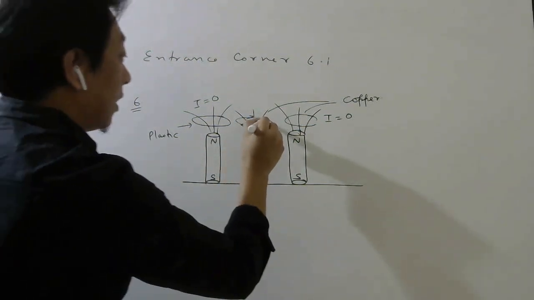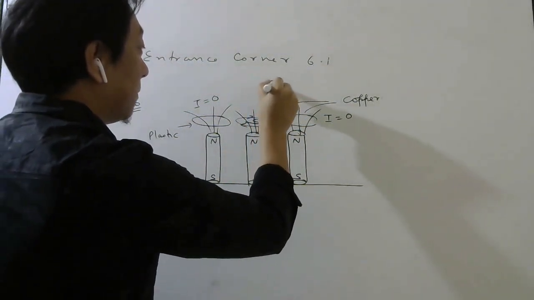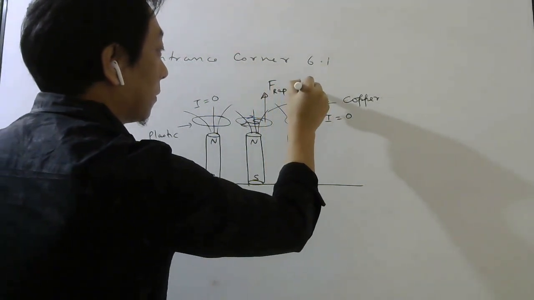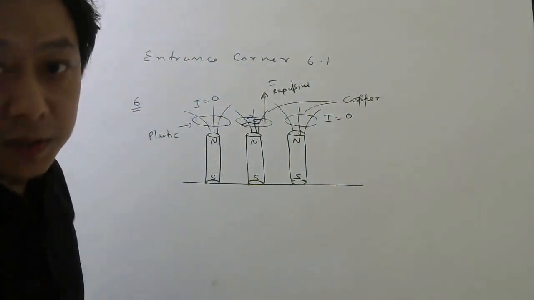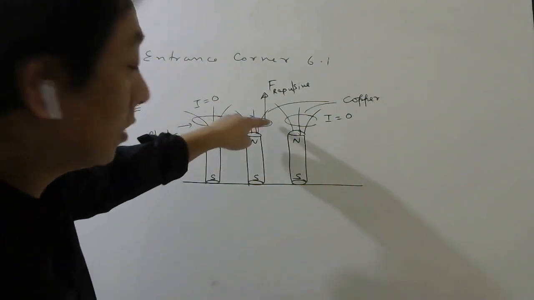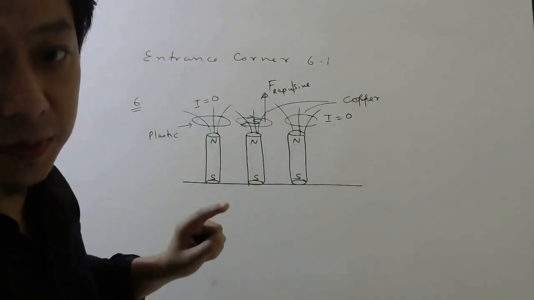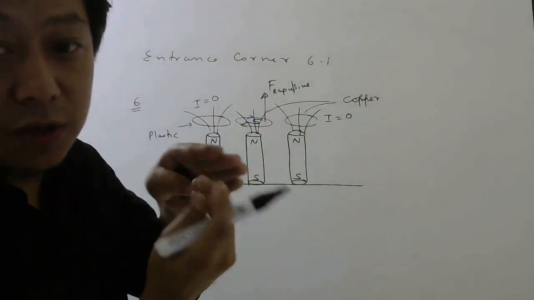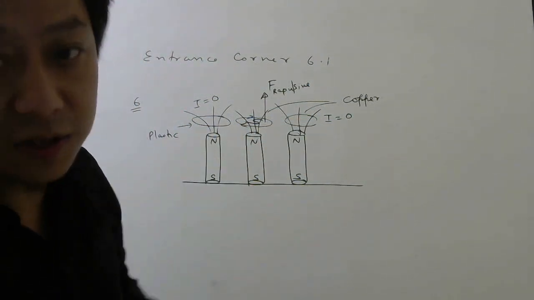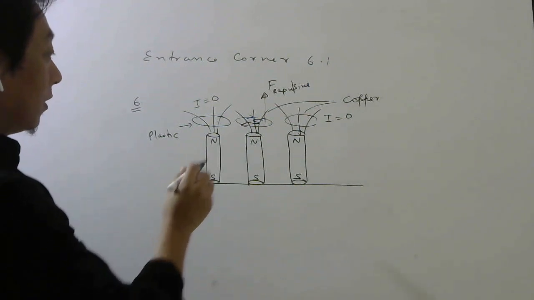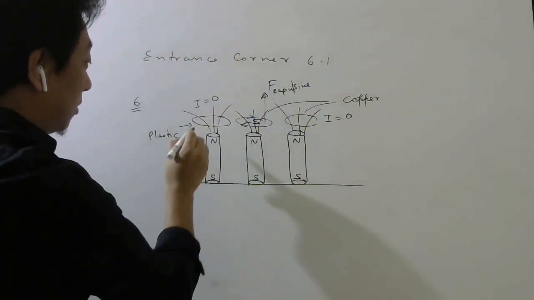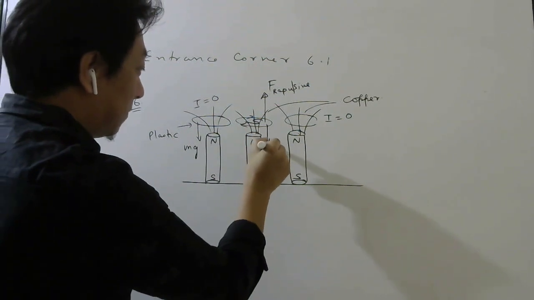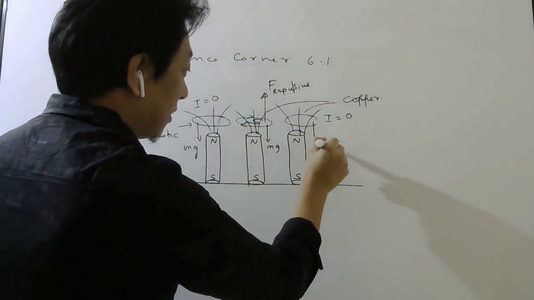So there will be a repulsive force on this copper ring. These two will not feel any repulsive force because there will be no current, so neither face will act like a north pole or south pole. Therefore this is repelled, so this will feel gravity, of course, mg, this will feel mg, this will feel mg.